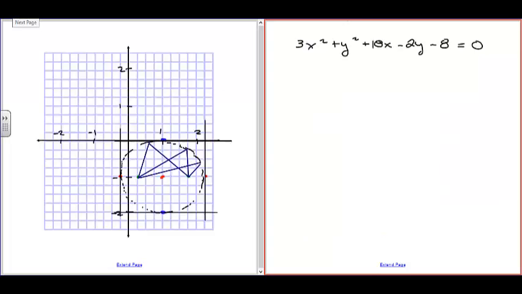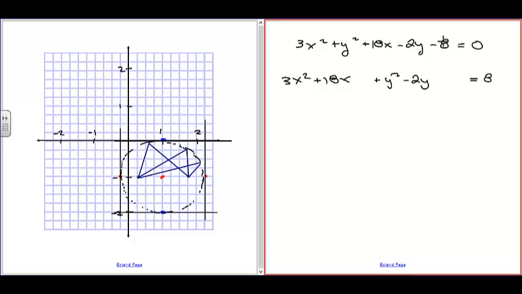Okay, final problem. So we've got 3x squared plus 18x. Put those together. Take the y's, just put them together. Move the constant to the other side.